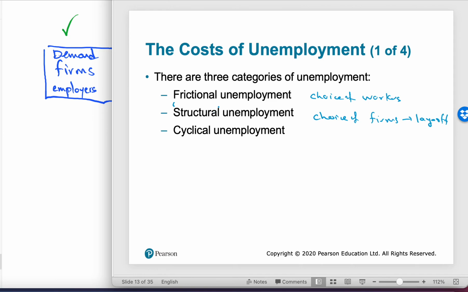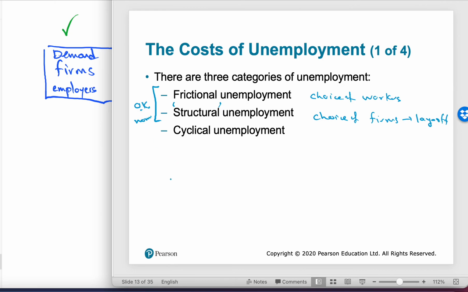In either case, it is a choice and takes place voluntarily. So they are okay, normal.